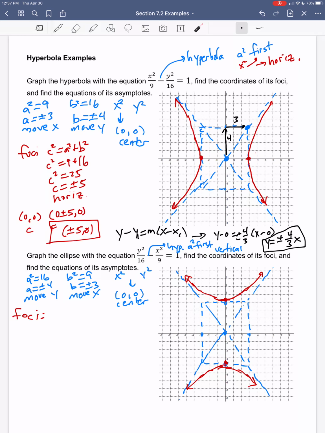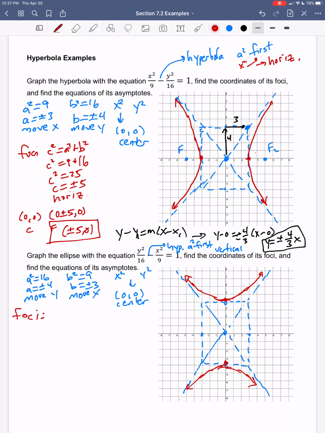I didn't graph them up in this other example. I could have. I was moving 5 from the center, so that would be over here. That would be one focus, and then another focus would be over here. Those would be the foci. We didn't have to graph those, but we could have. I'm going to get the same sort of thing here.